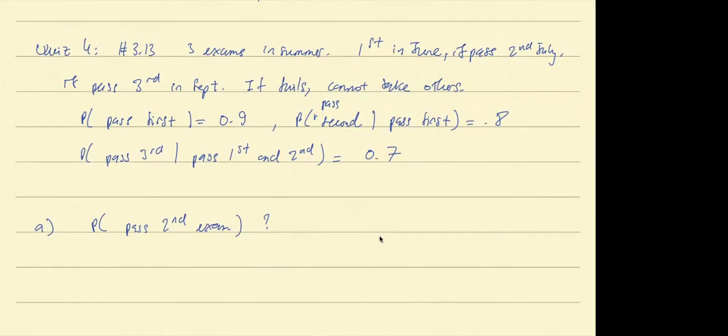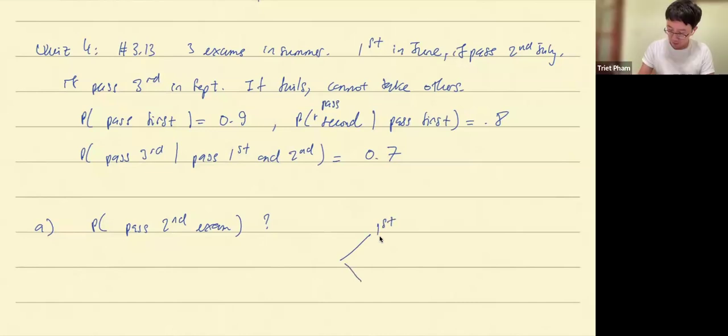You would start with the branches of if she passes the first exam and if she doesn't pass the first exam. Correct. So first, and then not pass. And then pass second, not pass second. Well, this clearly doesn't branch out anymore.